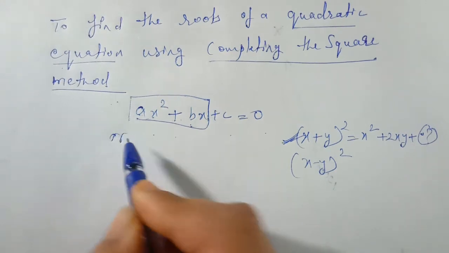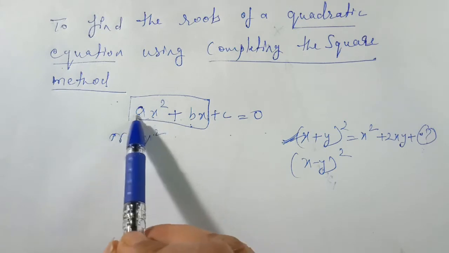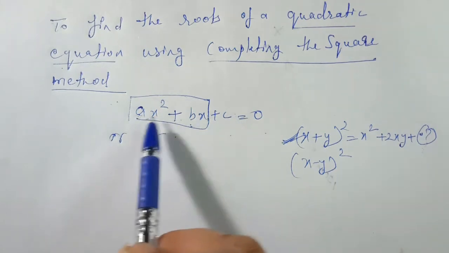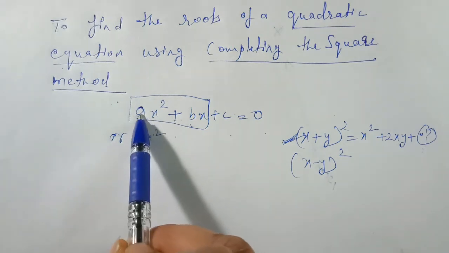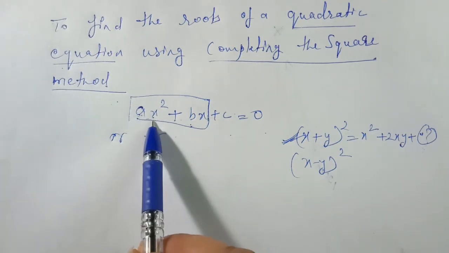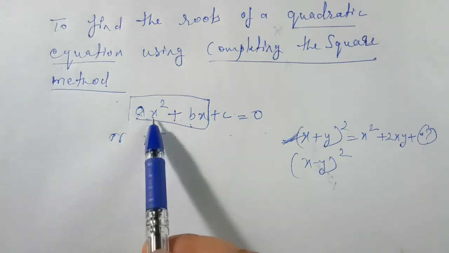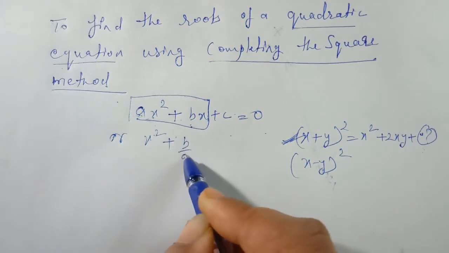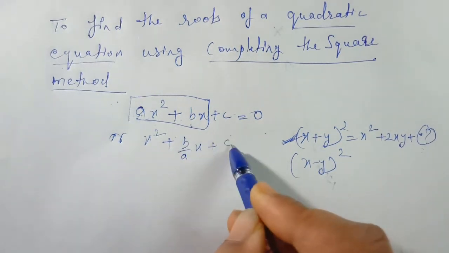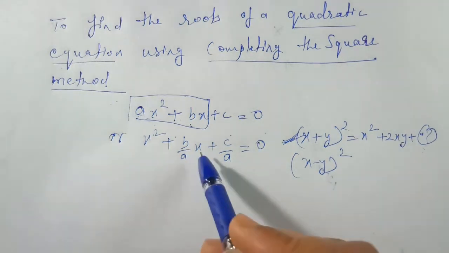If I divide this quadratic equation by the coefficient a, then a and a will be cancelled, and over here b upon a will remain, and this will become c upon a, and this is equal to 0.